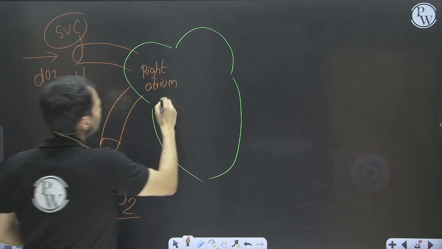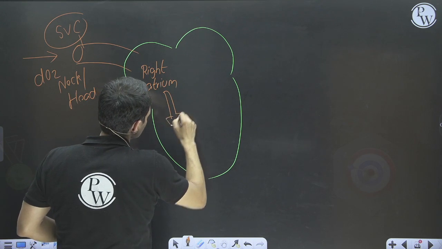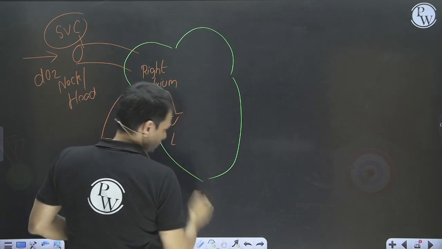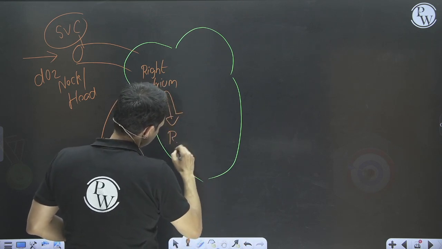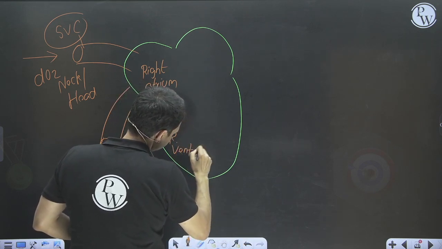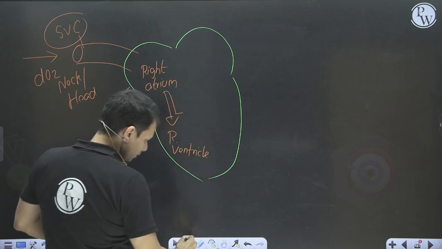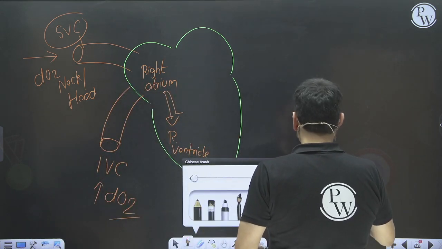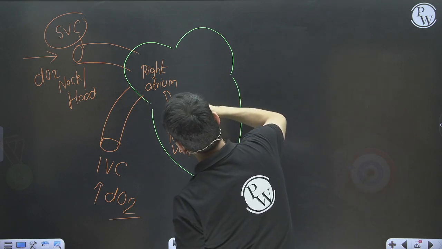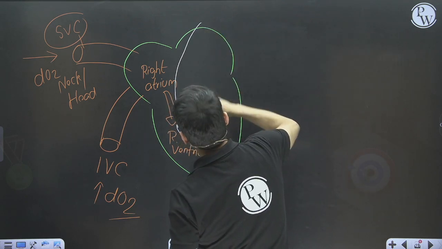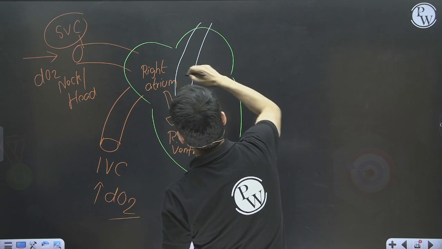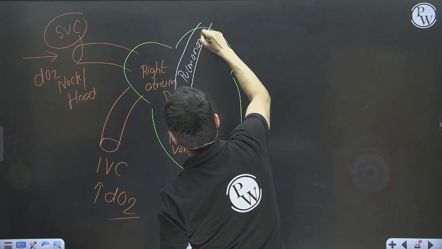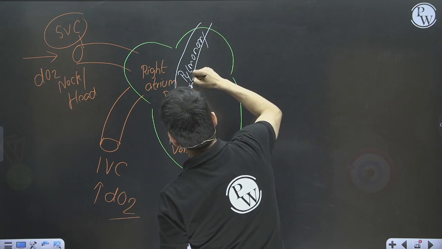From the right atrium, the blood is going to the right ventricle, right? From the right ventricle, as I've said, comes out the pulmonary artery, right?